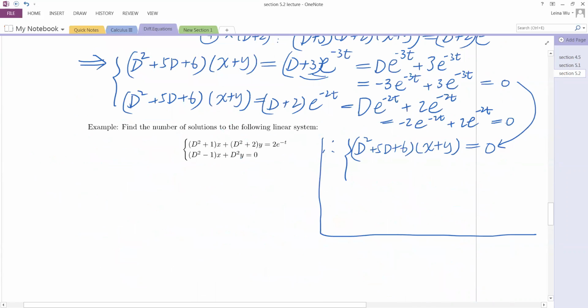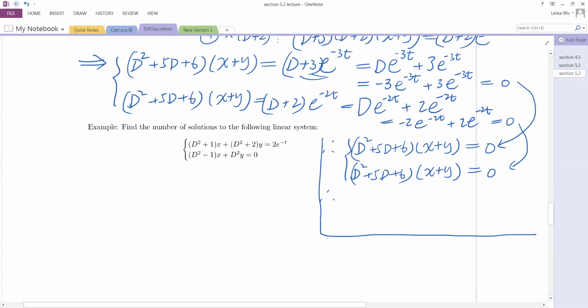Right, the first part, and the second part turns out to be D squared plus 5D plus 6, x plus y equals 0. What do you see about these two? They're the same function, right?